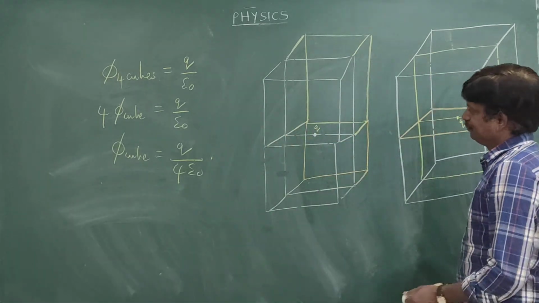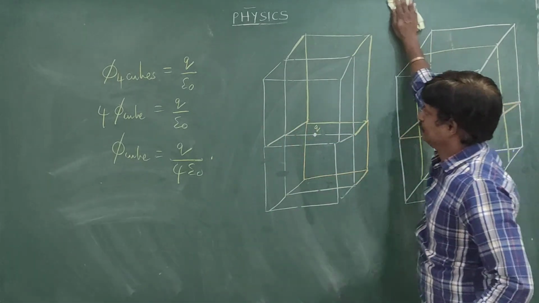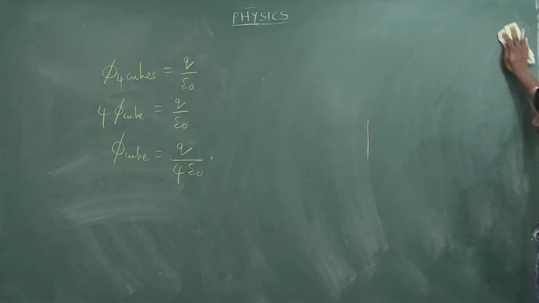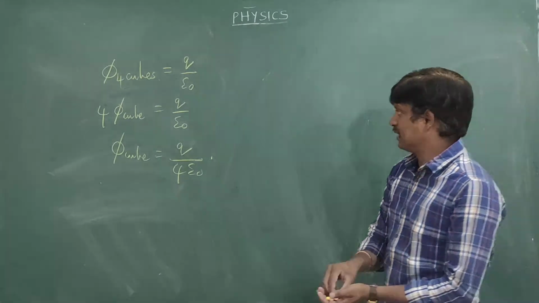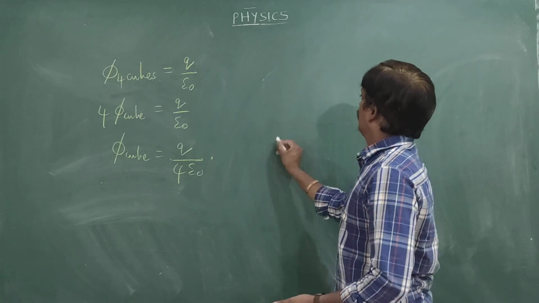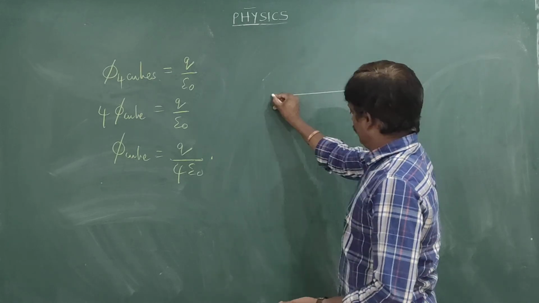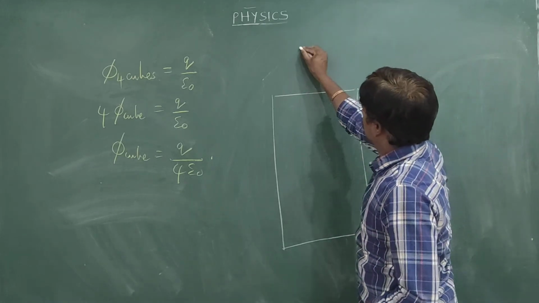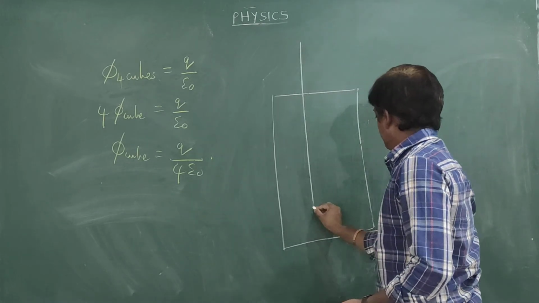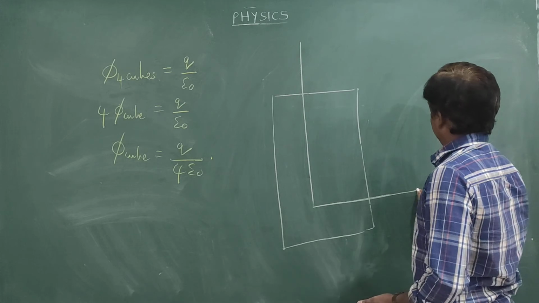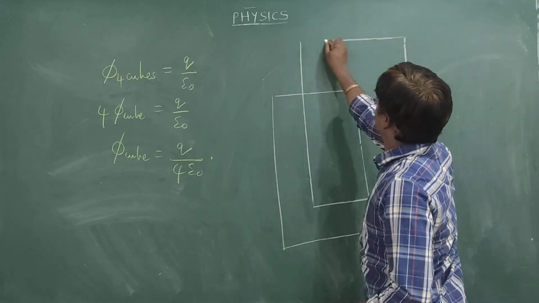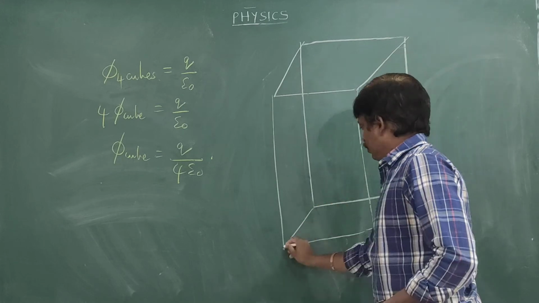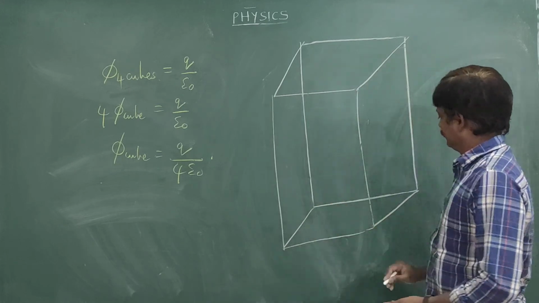Is that clear? I just explain the diagram once again. So what you do, you just draw a rectangle. You draw here another rectangle. You join these two, join these two, join these two, join these two.